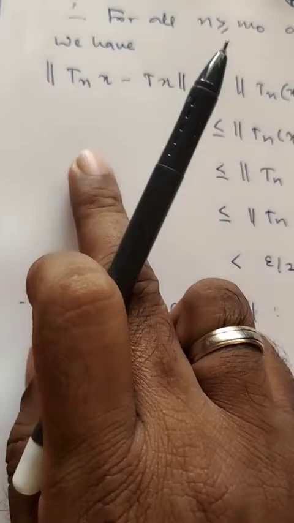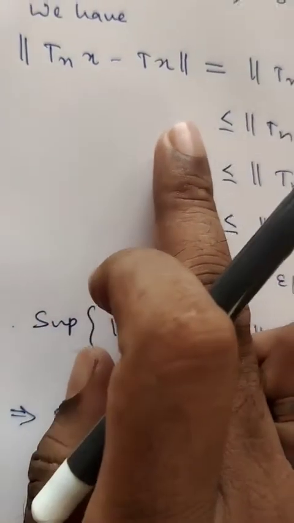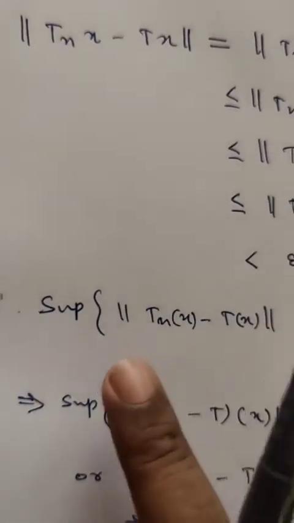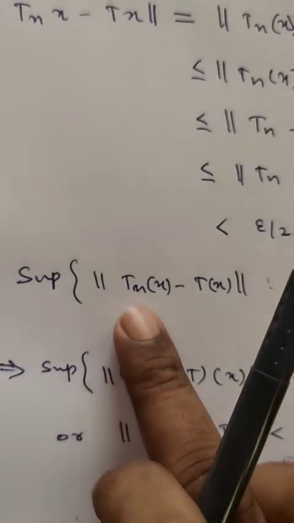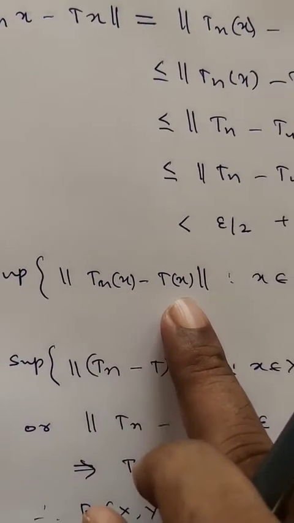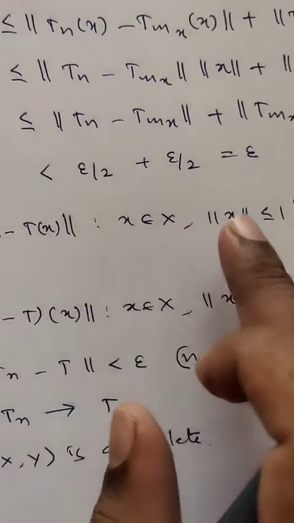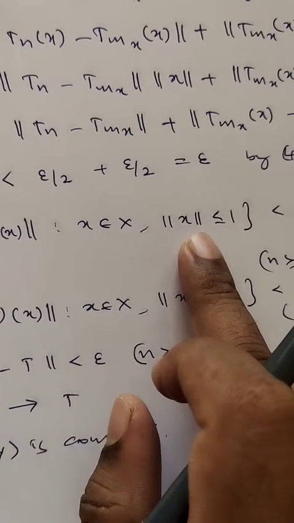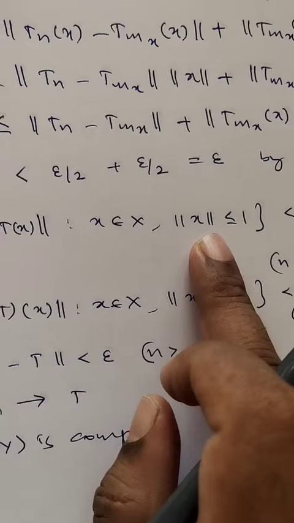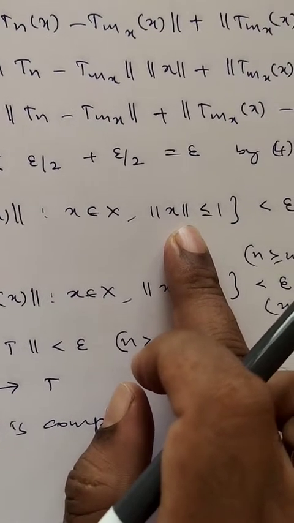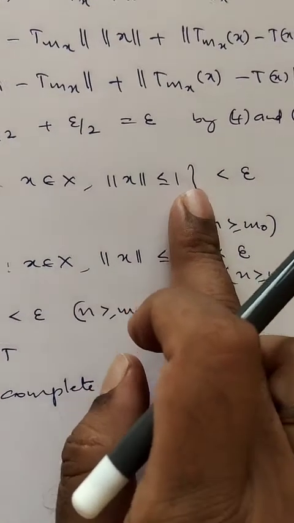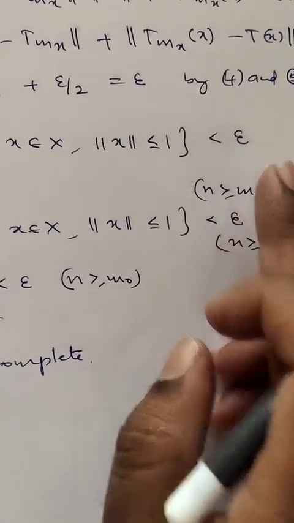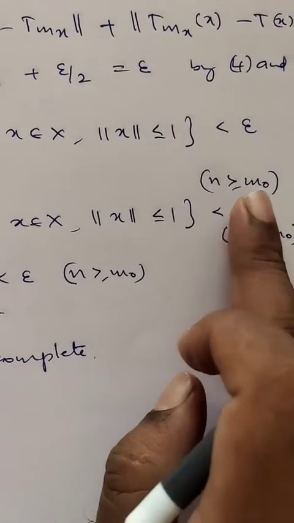So the norm of Tn of x minus T of x is less than epsilon, which means the supremum of all these values is also less than epsilon. Therefore, the supremum of the norm of Tn of x minus T of x, where x belongs to X and the condition we have taken is for those vectors whose norm is less than or equal to 1, is certainly less than epsilon for every n greater than or equal to m naught.